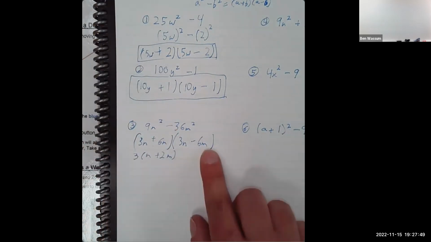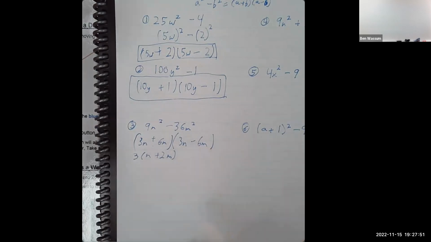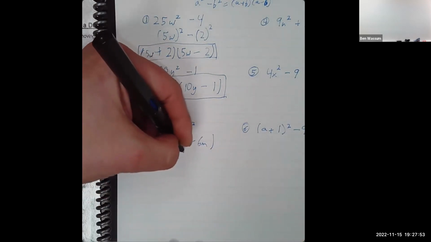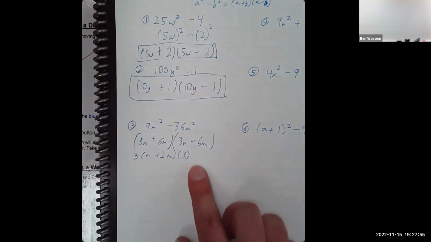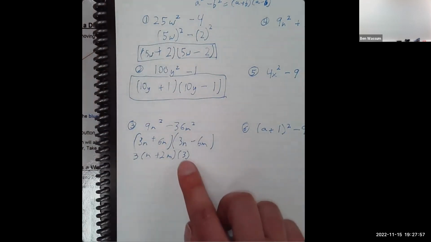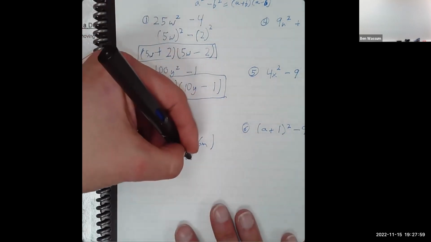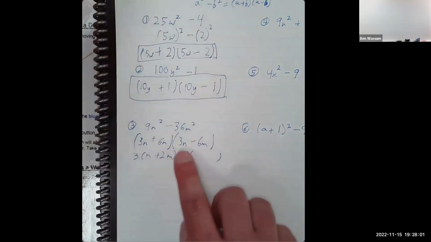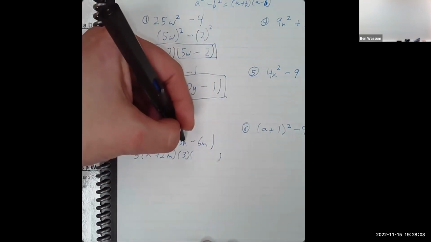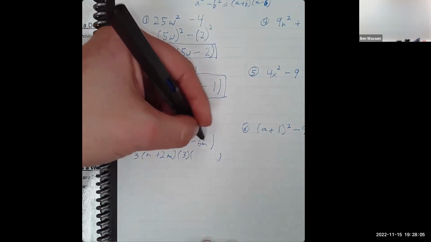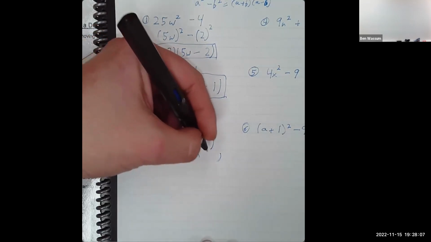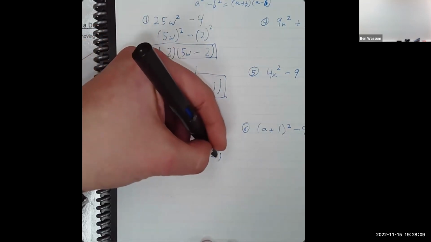Okay, cool. Well, what about this one? Well, actually, I'm going to go ahead and do the same thing. Now, since it's between a bunch of stuff in parentheses, I'm going to put that 3 in parentheses, but it is just a greatest common factor of that. So I have 3 coming out of both of those, I'm gonna have an n minus 2m.